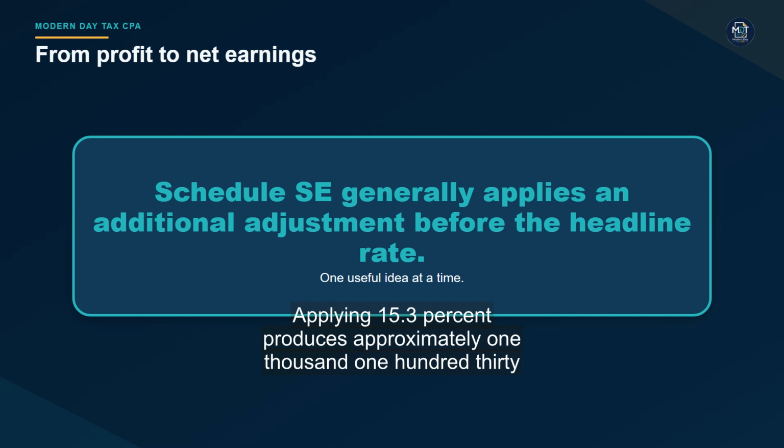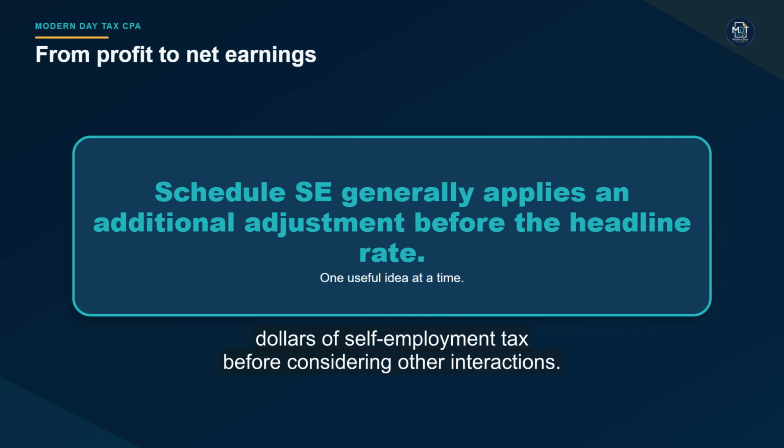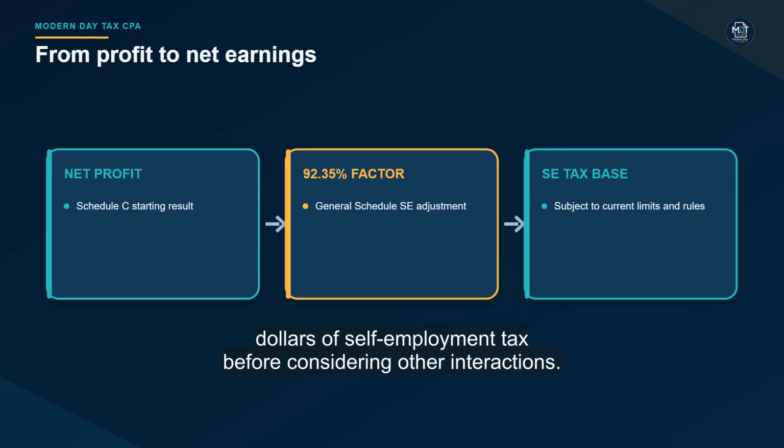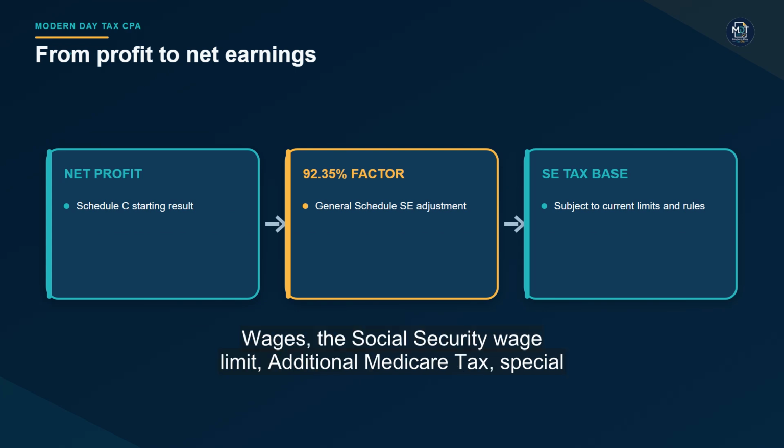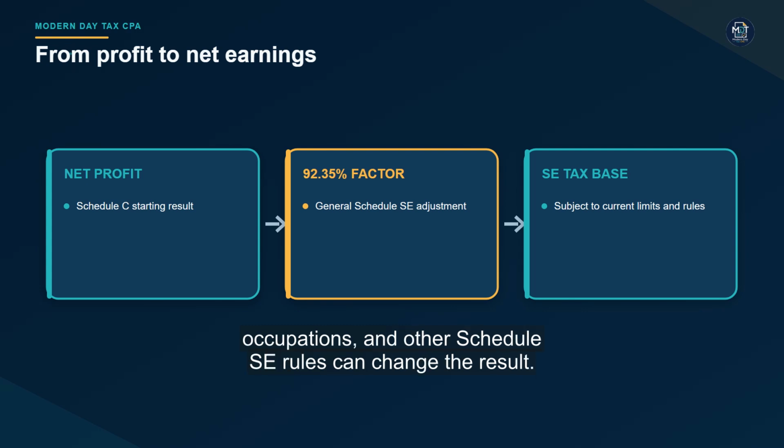Applying 15.3% produces approximately $1,130 of self-employment tax before considering other interactions. That example is deliberately simplified. Wages, the Social Security wage limit, additional Medicare tax, special occupations, and other Schedule SE rules can change the result.